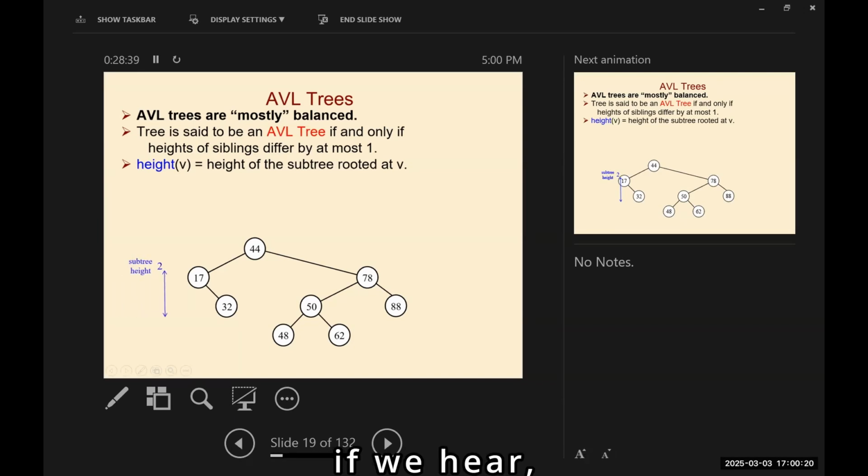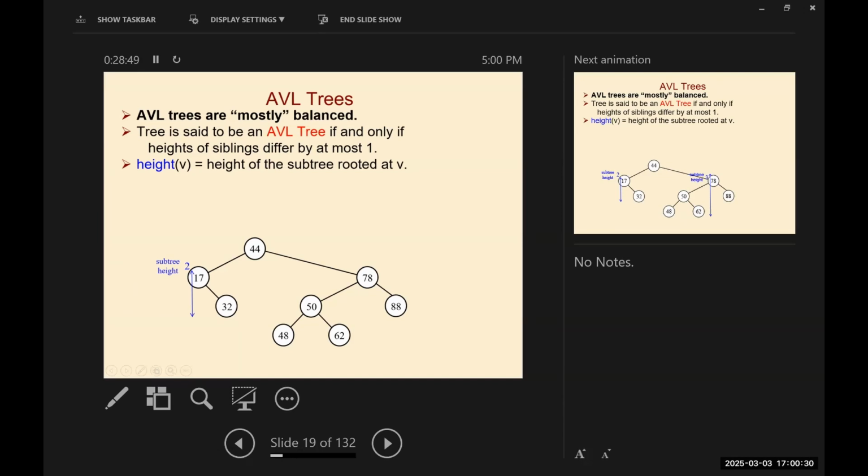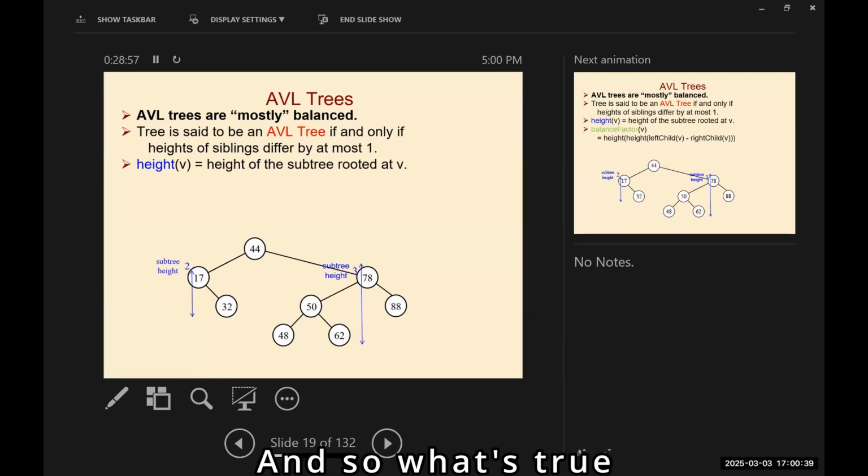So let's see, this node here has height 2, say, because there's this node and this node is height 2. And this subtree has height 3, right? Everybody see that?